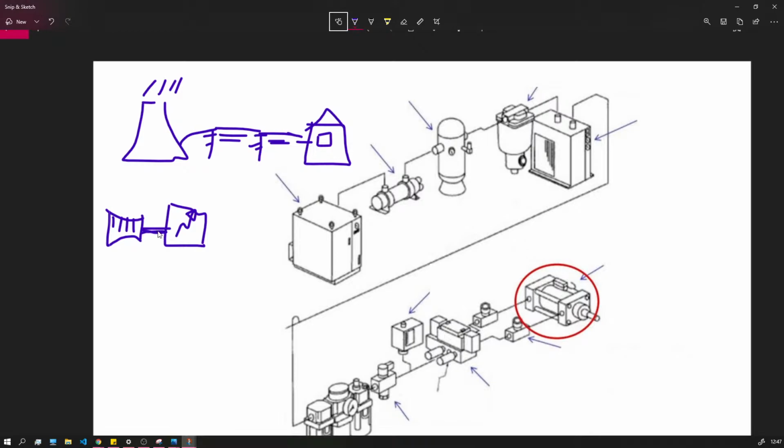The mechanical energy is used to drive the generator. The compressor for the pneumatic system uses mechanical energy, produced by an electric motor, to compress air. Same goes for hydraulics.